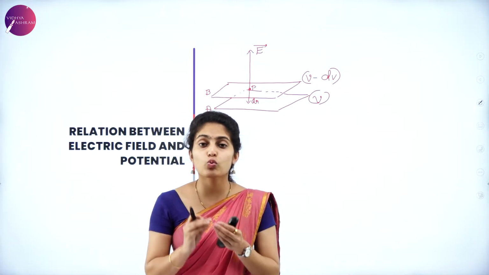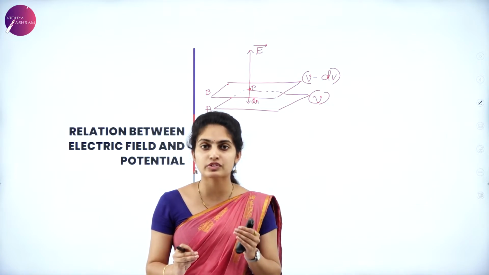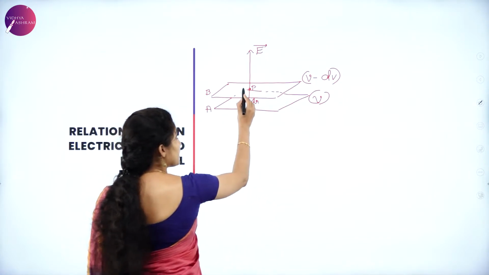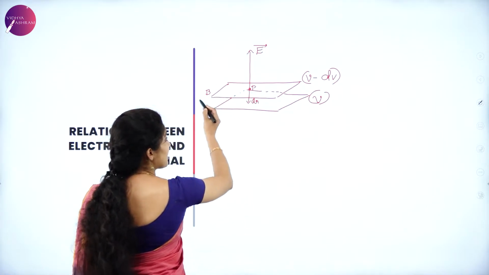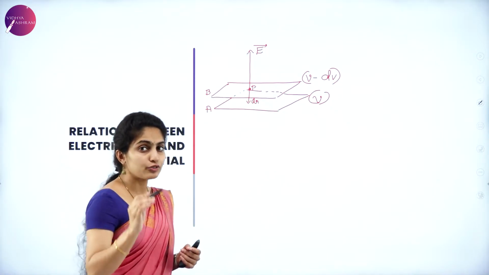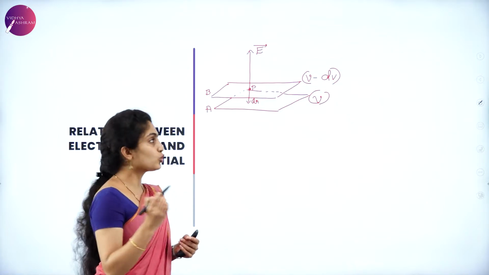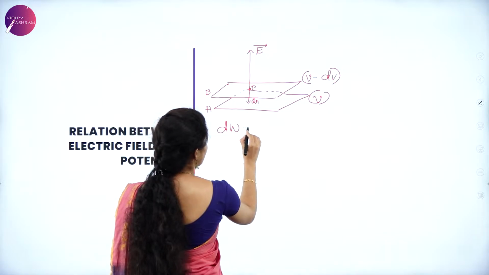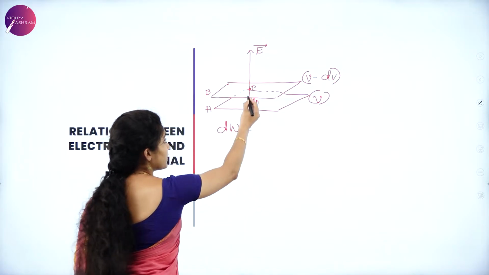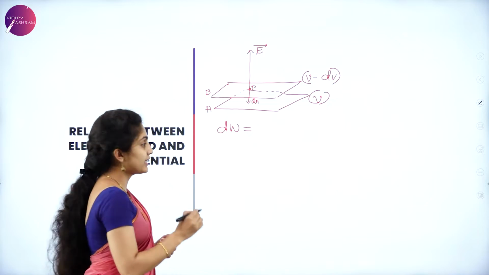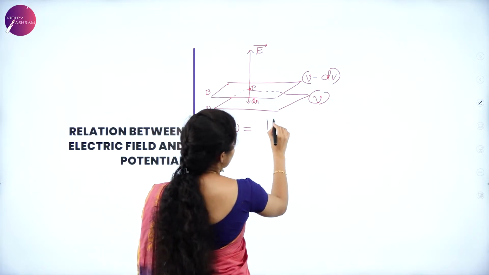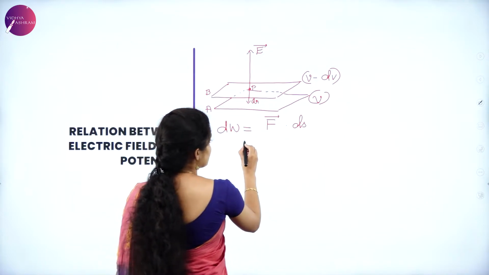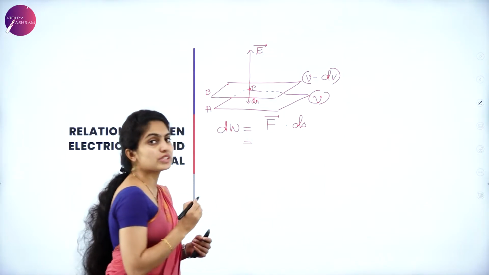That means the work done in bringing unit positive charge from one point to the other. That is from point P somewhere at the equipotential surface B to point A. So in order to calculate that, it is the work done in bringing unit positive charge from this point to the other point is said to be force into displacement which is being taken. Work done is given as, what is the force which is applied over here?